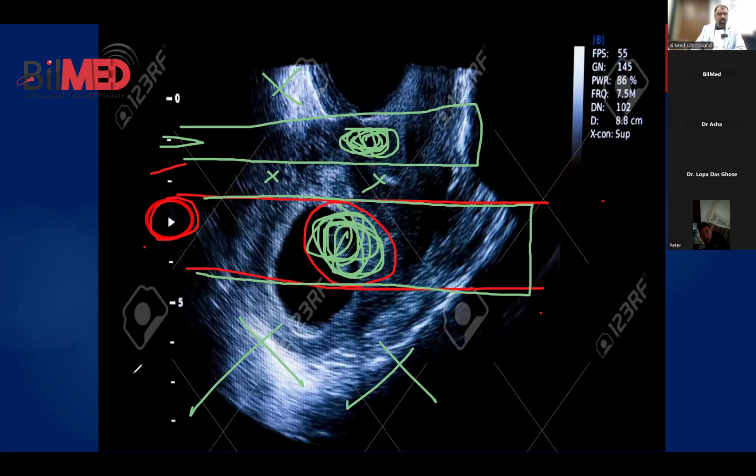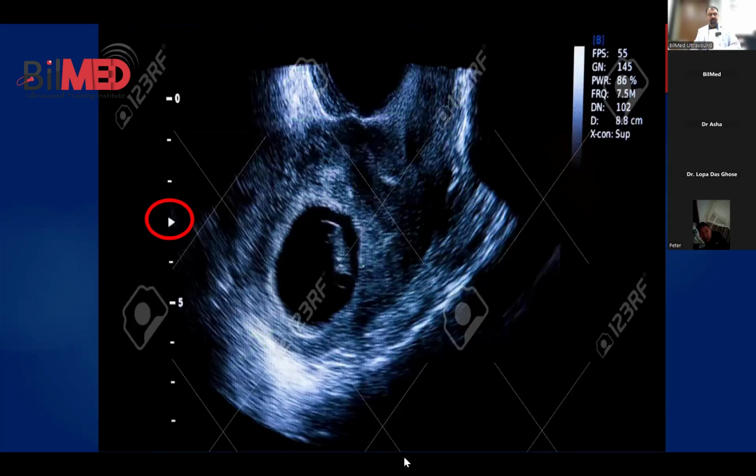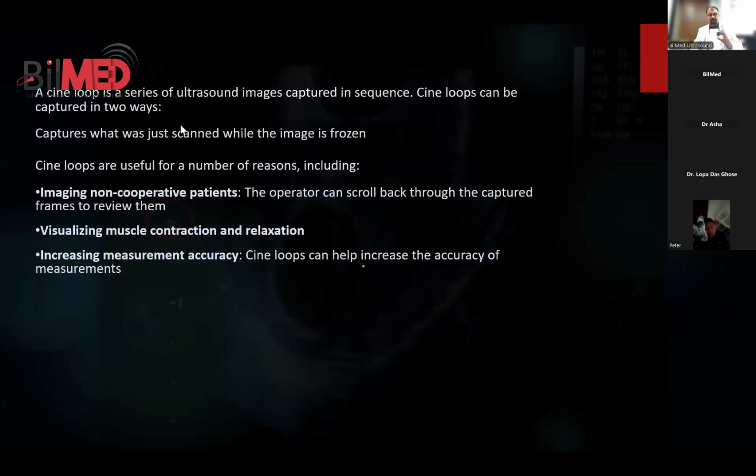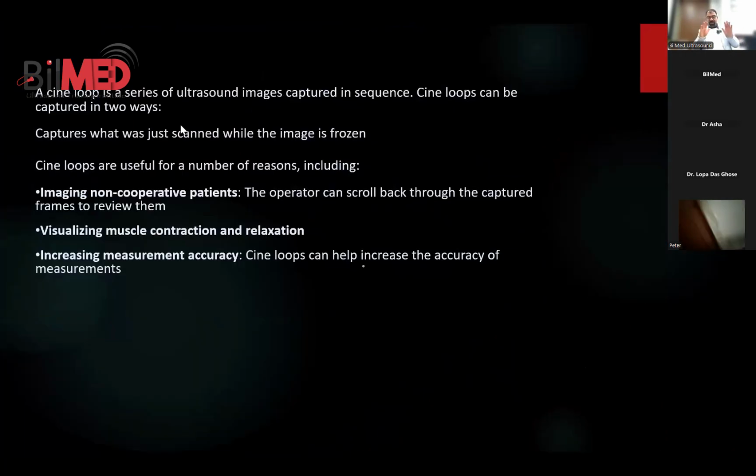Now, what is a Cine loop? Now, see, whenever you are scanning, try to understand first. Don't write for now. Whenever you are scanning, your machine is always recording the previous pictures for you.